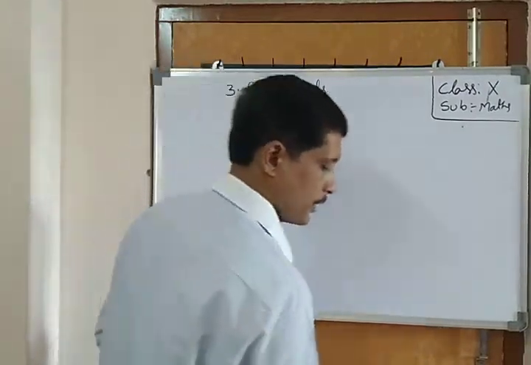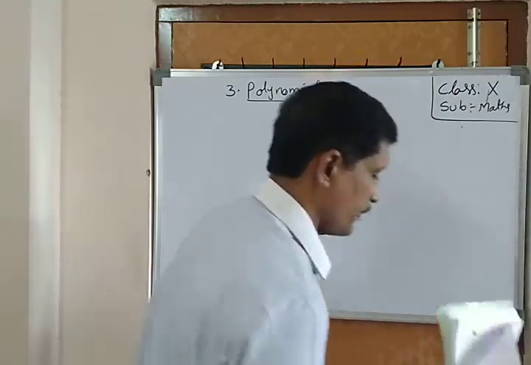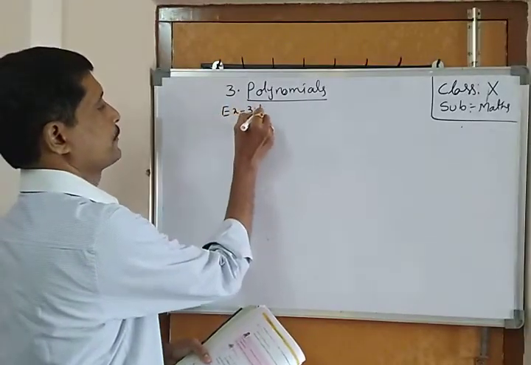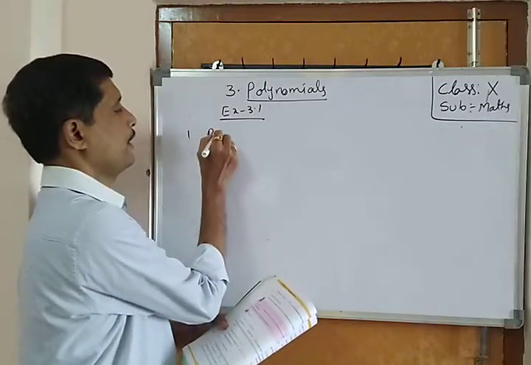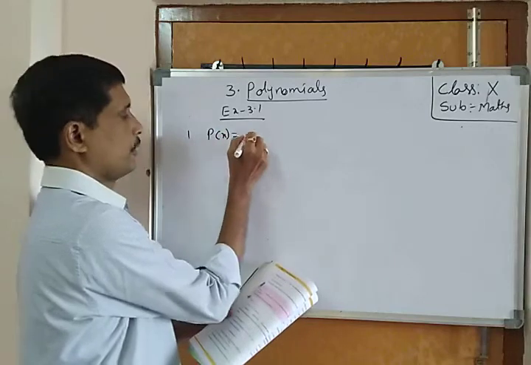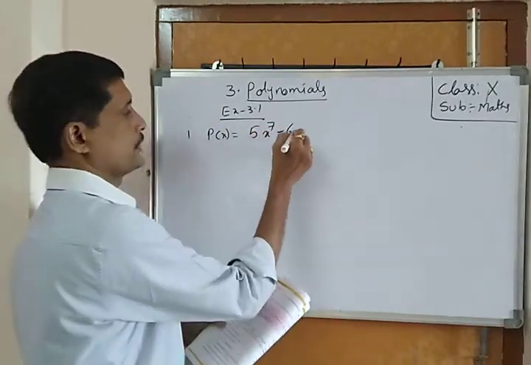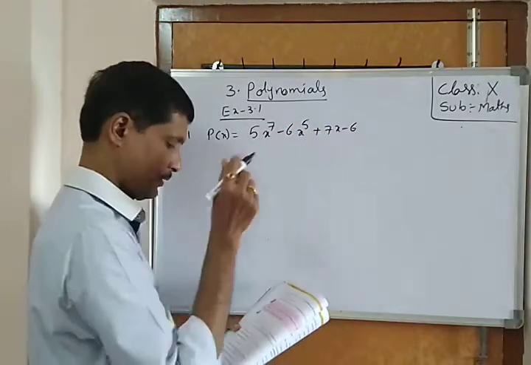Exercise 3.1. That is very easy. First question: p of x equal to 5x power 7 minus 6x power 5 plus 7x minus 6.